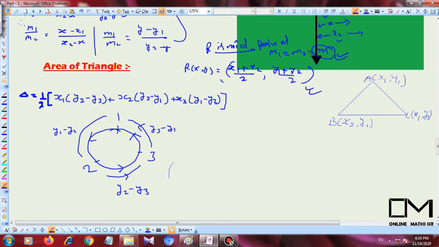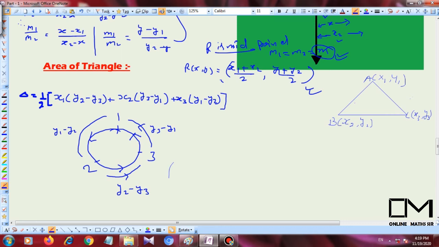Now, area of a triangle. How to find the area of a triangle? Suppose three points lying in a plane, A(x1, y1), B(x2, y2) and C(x3, y3). These points are non-collinear points lying in a 2D plane.